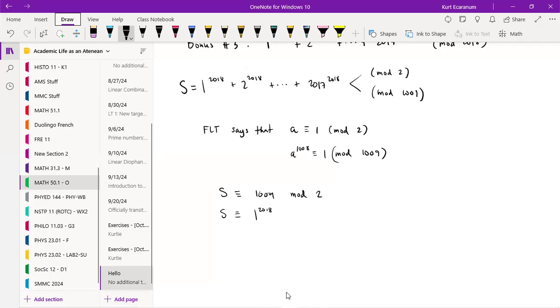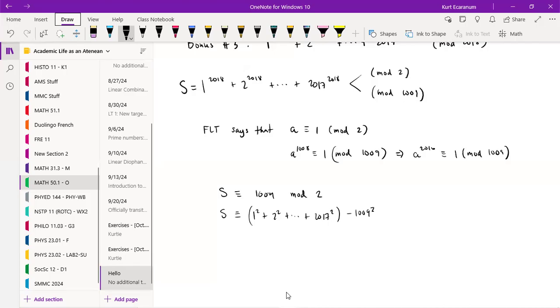So 1 to the 2018. Kasi ito, A to the 2016 congruent to 1 mod 1009. So 1 squared plus 2 squared up to 2017 squared. But then kailangan nating i-minus yung 1009 squared, kasi wala na yun.